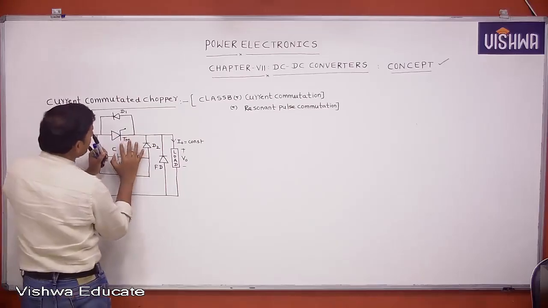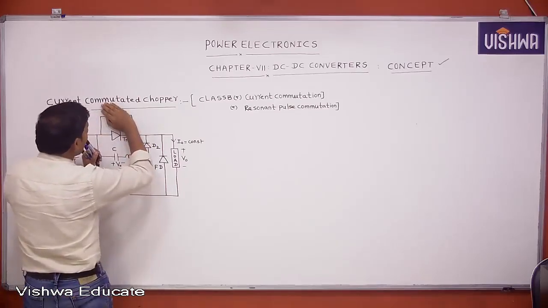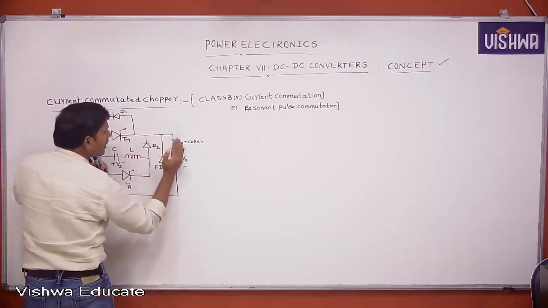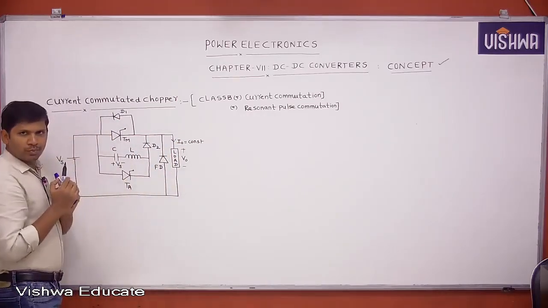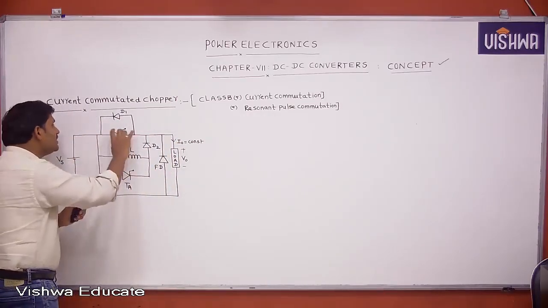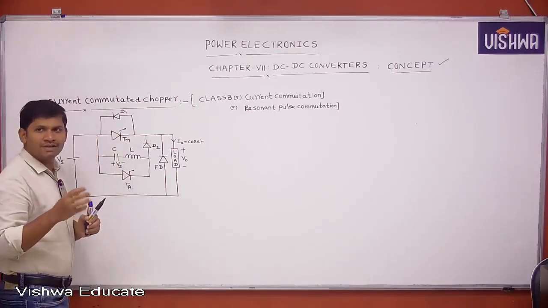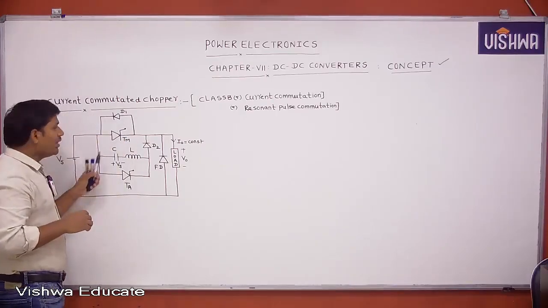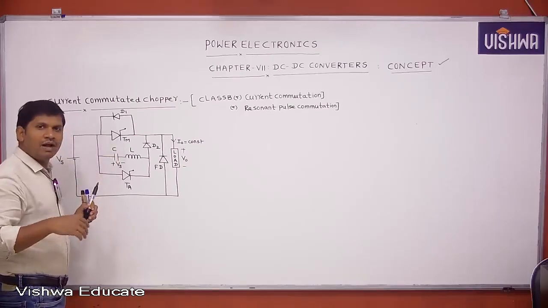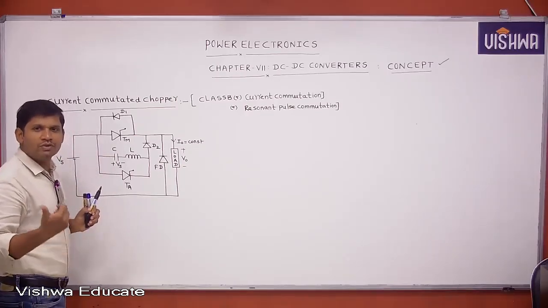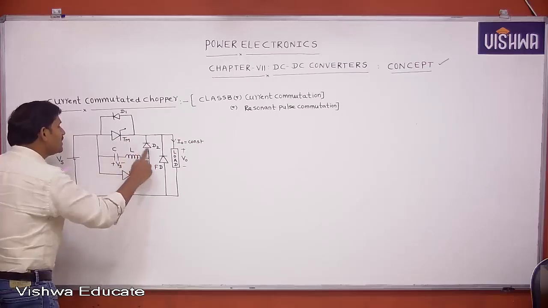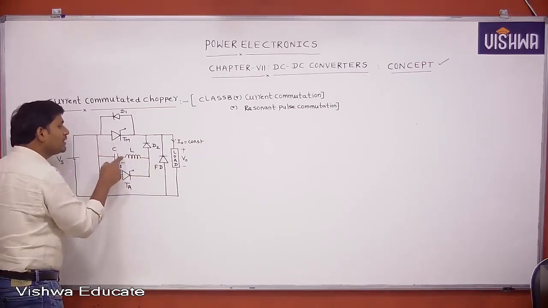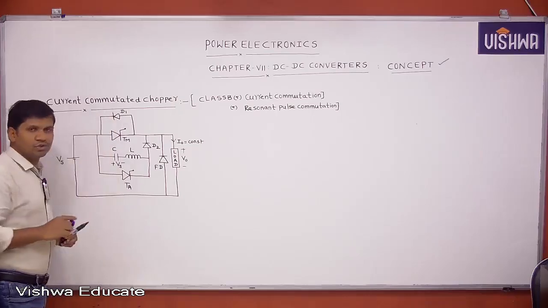Now without this circuit, without this anti-parallel diode, what is this chopper? One switch and one diode across the load, that is a step down chopper. But here the device we are using is a thyristor, that's why the input is DC supply. If the device is a thyristor, to turn it off we can use some external circuit. This circuit is nothing but an external commutation circuit, and this is current commutation. That's why it is called a current commutated chopper.